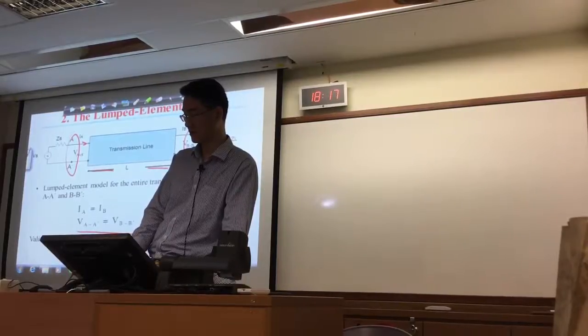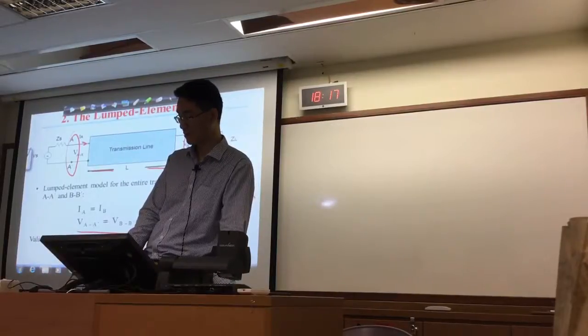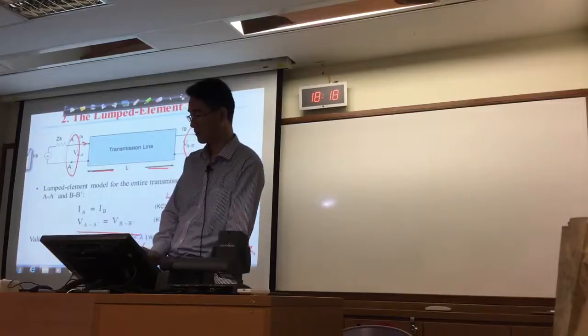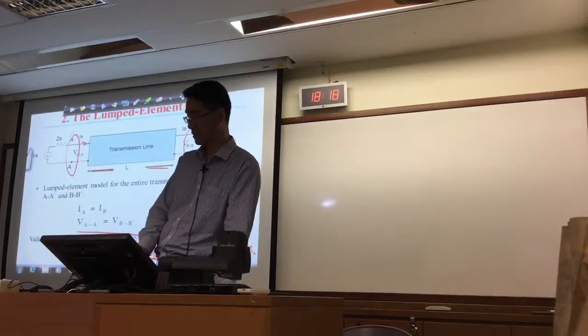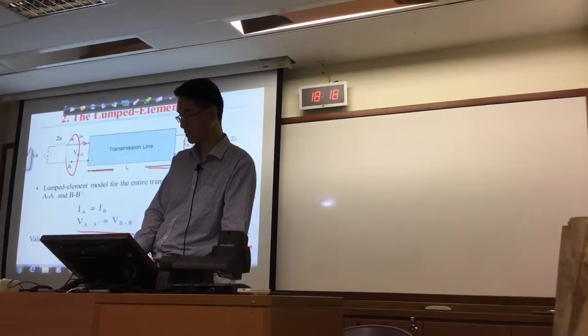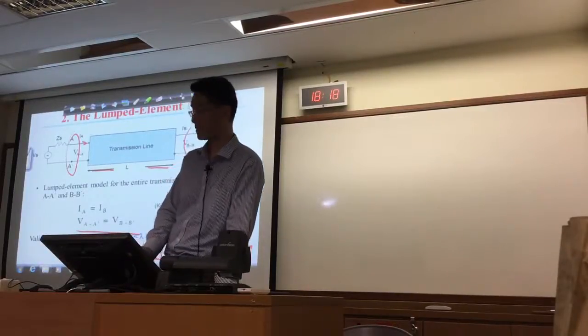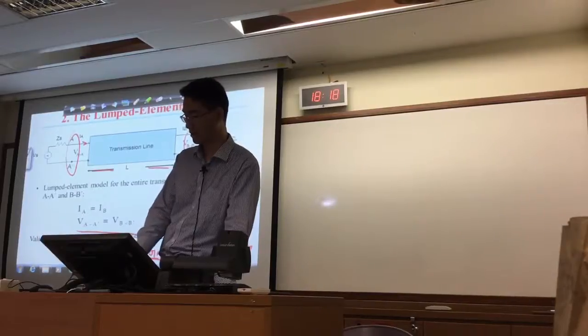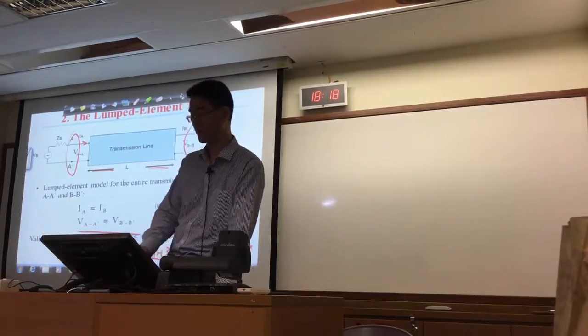It is c over f, where c is 3 times 10 to the 8 and f is 5 times 10 to the 9. So the wavelength is 60 millimeter at 5 gigahertz.